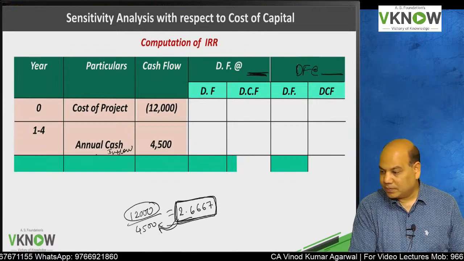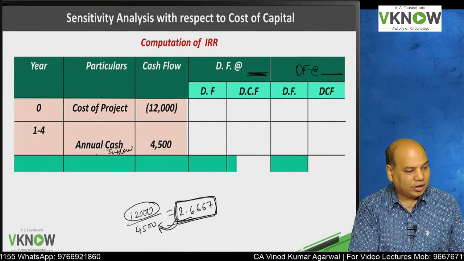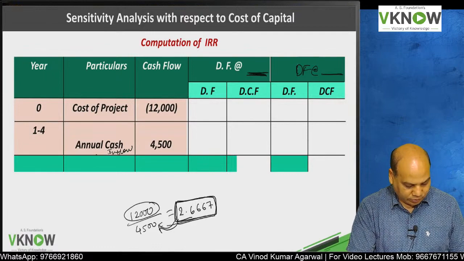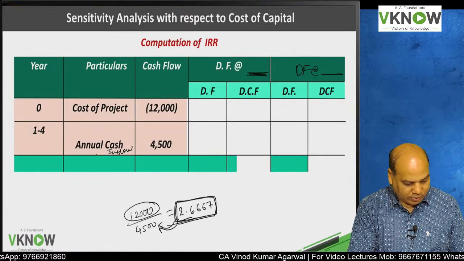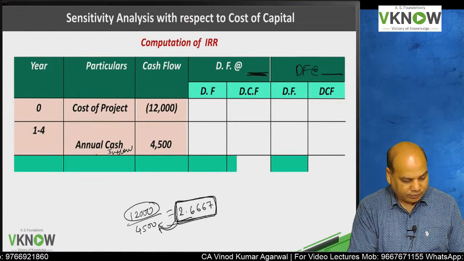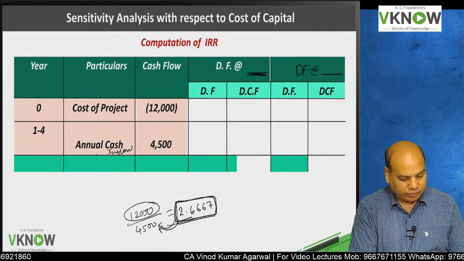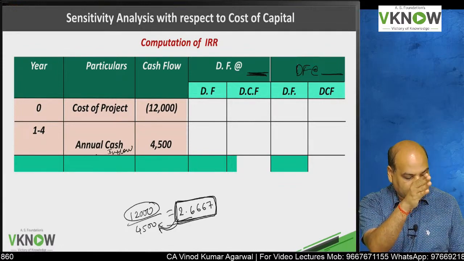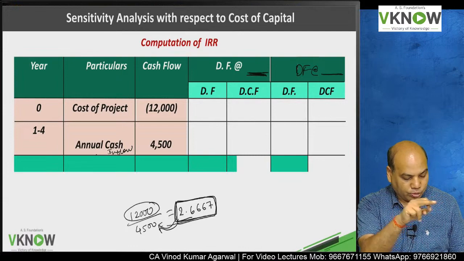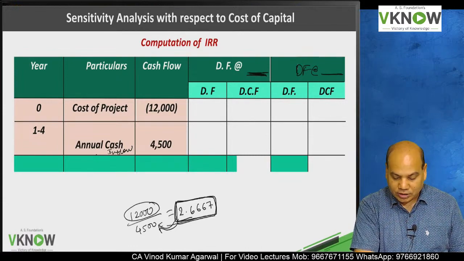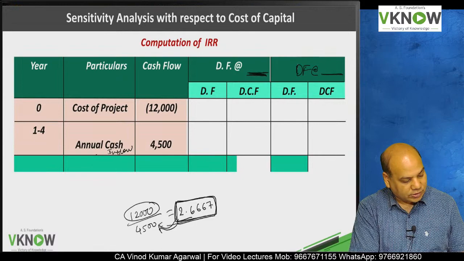Table B, page 16.5. Go to fourth year. First column is year 1, 2, 3, 4. Move towards the right and search for 2.6667.